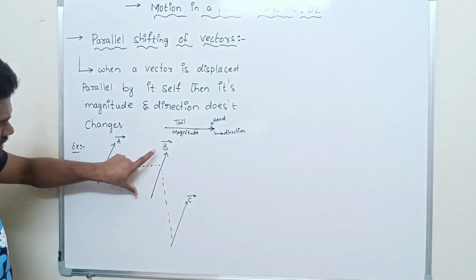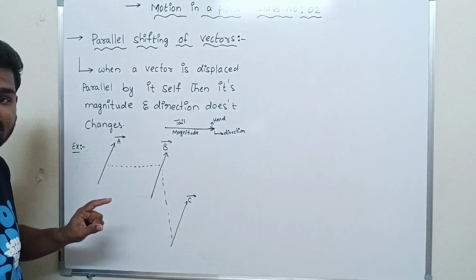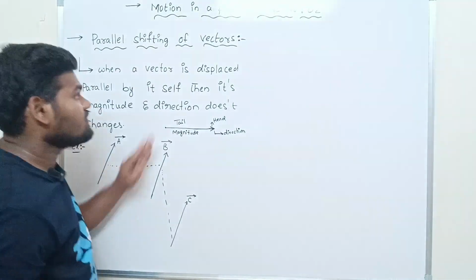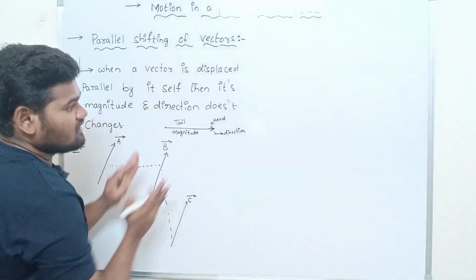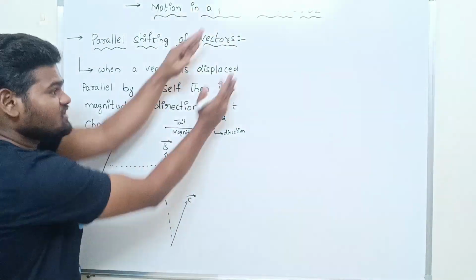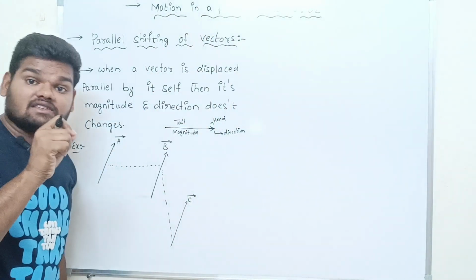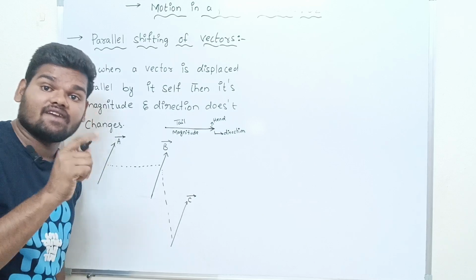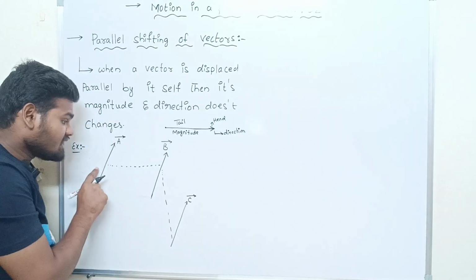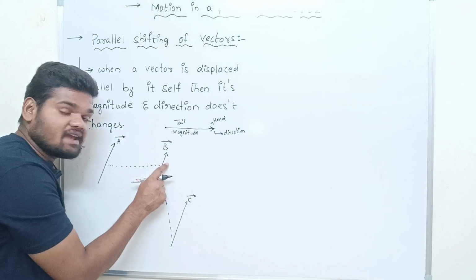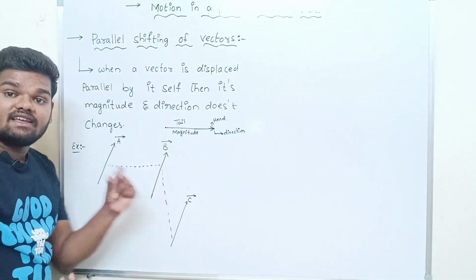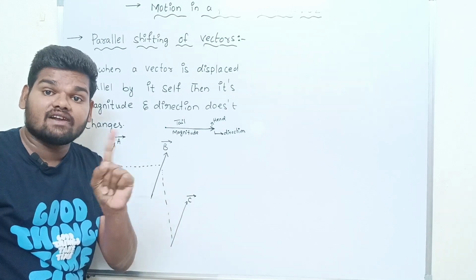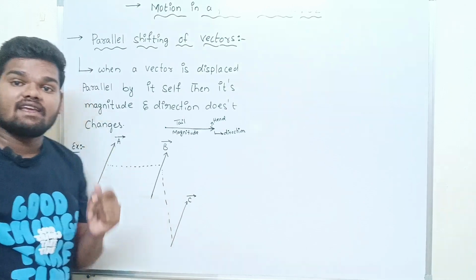This magnitude does not change. This b bar vector is moving in this direction, and this c bar vector is moving in this direction. This is the new direction of the two vectors. In the concept of equal vectors, I told you that whenever two vectors have the same magnitude and also the same direction, then the two vectors are called equal vectors.